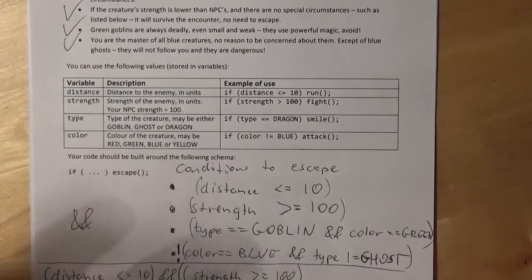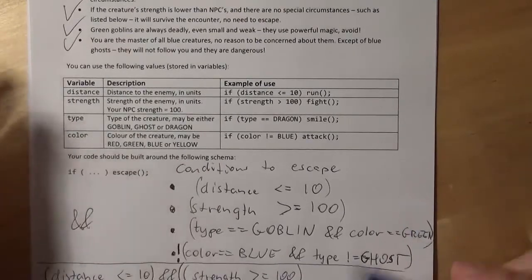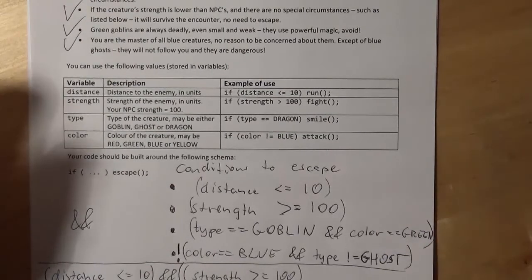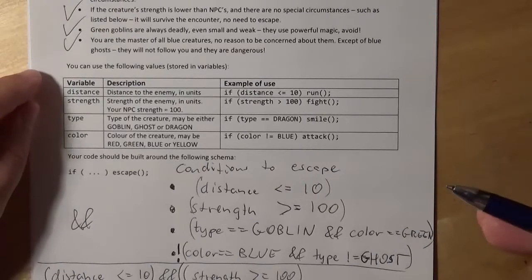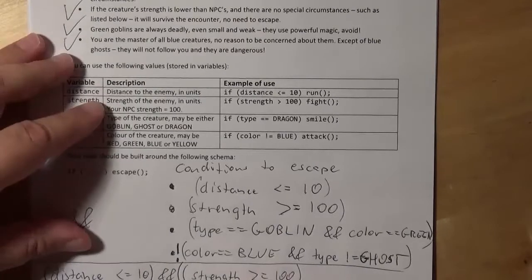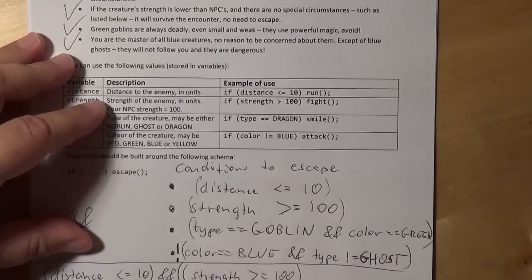So if it is not satisfied, we will not escape. The necessary condition is that it is not something that we are master of. So it is something not being blue, non-ghost. Okay? So it's and not, this not is absolutely essential.